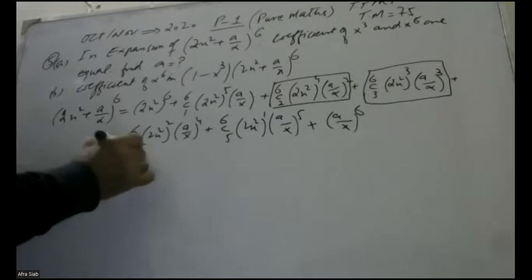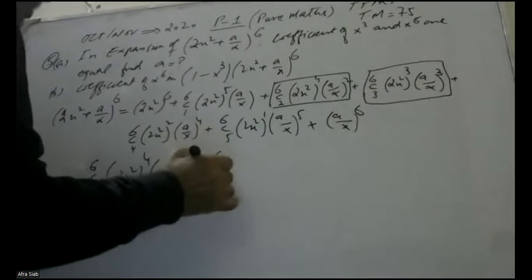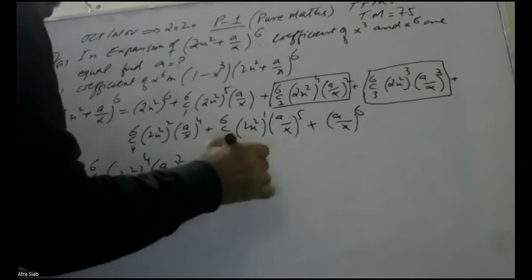So these two terms, they are equal in this question there. So it means 6c2 2x square power 4 into a over x whole square should be equal to 6c3 2x square power 3 into a over x power 3.